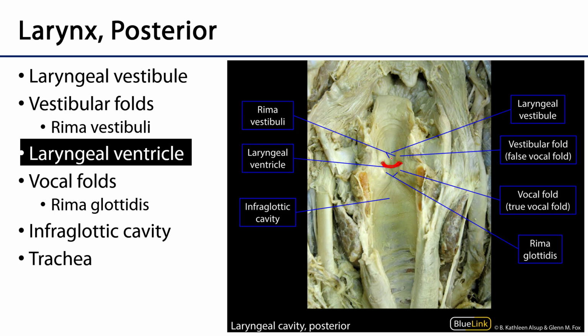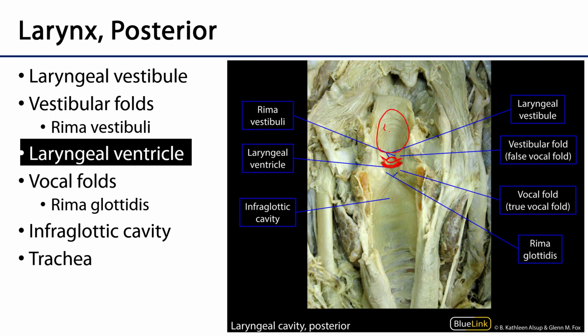Immediately superior to the laryngeal ventricle, we have the vestibular folds, right? And the space between those vestibular folds is known as the rima vestibuli. That rima vestibuli is contiguous with the laryngeal vestibule.